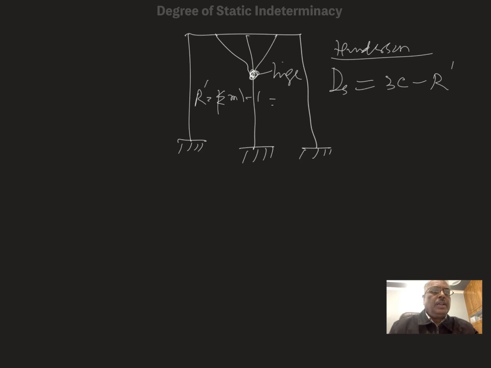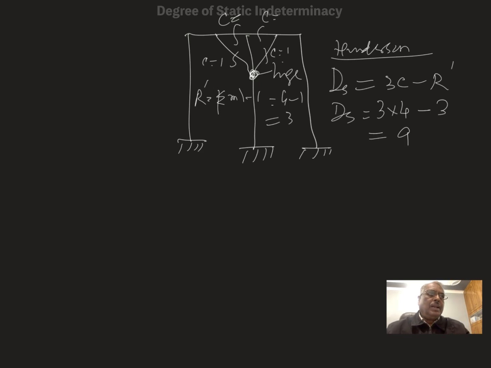How many members meeting? 1, 2, 3, 4. 4 minus 1 is 3. How many cuts are required to make a tree-like structure? 1 here, 1 here, and 1 here. So it will make this tree. These are the branches of the tree, but it is fixed at only one point. The rest are like cantilevers. Similarly here. So we make 4 cuts. How many r dash? 3. So this is 9 ds by the method of Henderson.